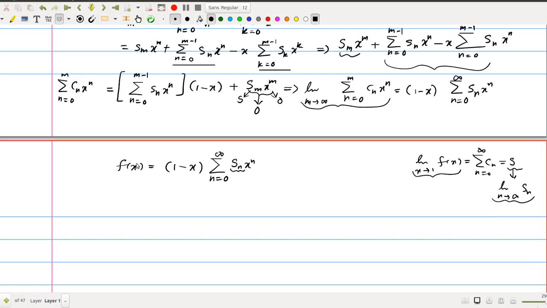So that's why we need to get an expression of f of x in terms of the sequence of partial sums of sigma Cn. That is the idea here.